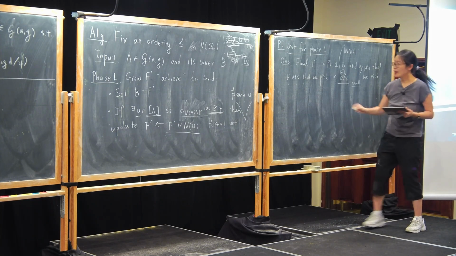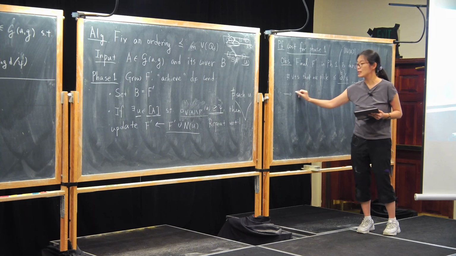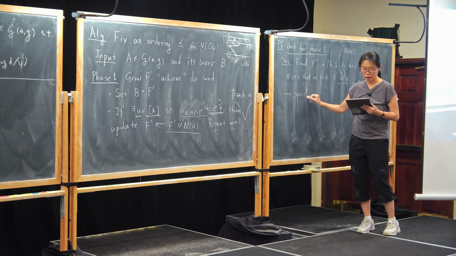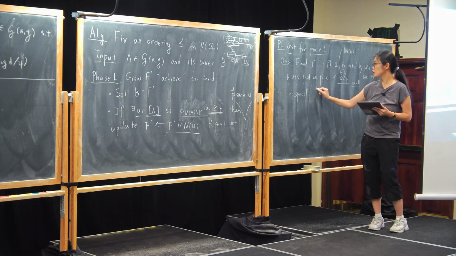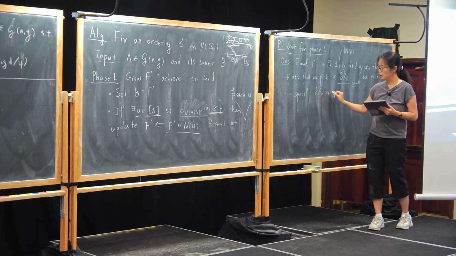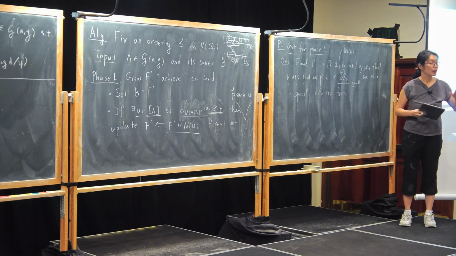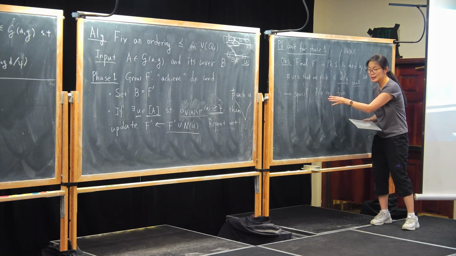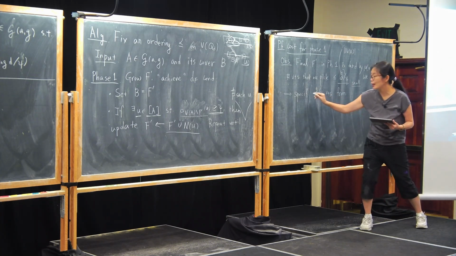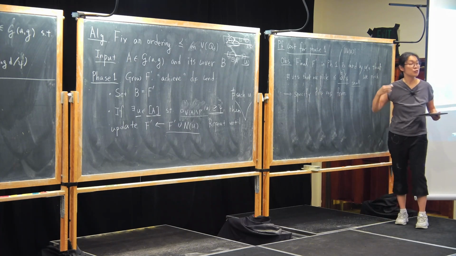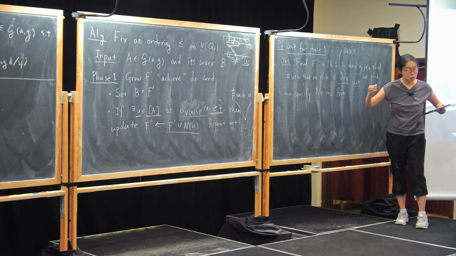Then we specify those G over psi vertices from somewhere. This is what we discussed yesterday. If we specify some vertices from the entire universe, this is too expensive. So we have to shrink the universe from which we find our sets.